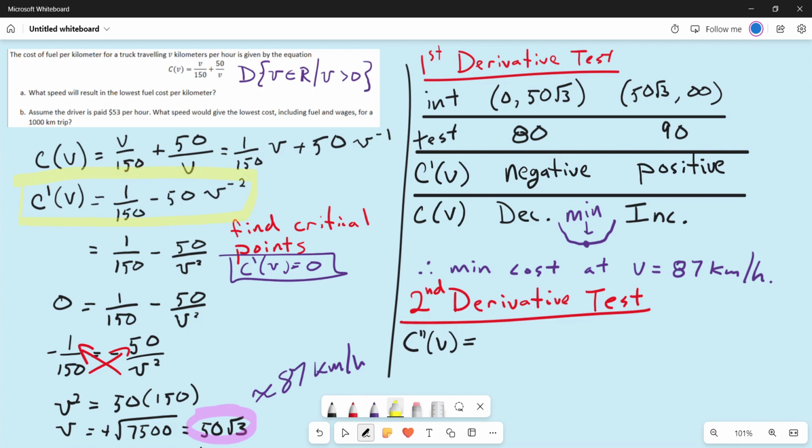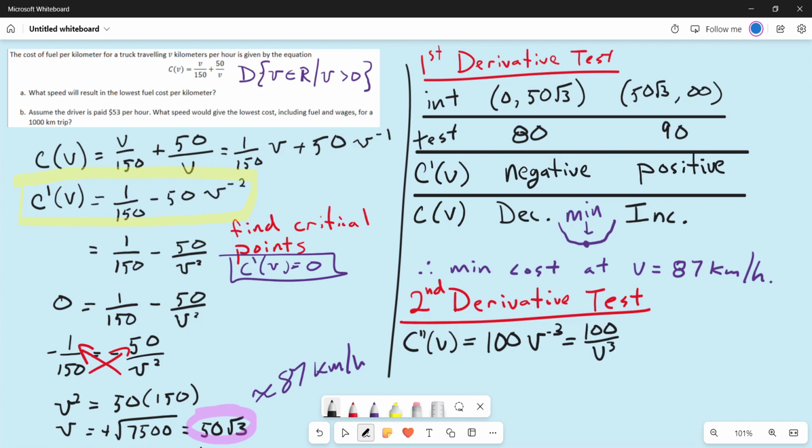It's easier to take it from there. So we do that, the 1 over 150 goes away. We do our -2, bring the exponent out front. That gives us a positive 100. And then we subtract 1 from the exponent, so V to the -3, which is 100 over V cubed.